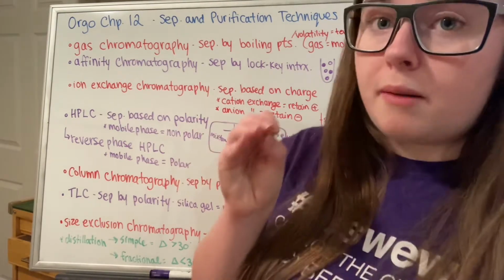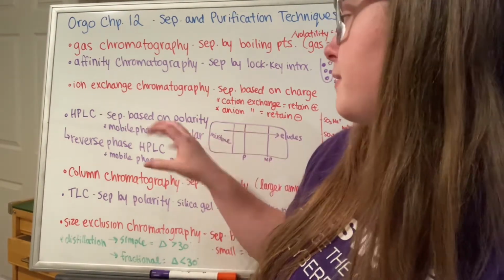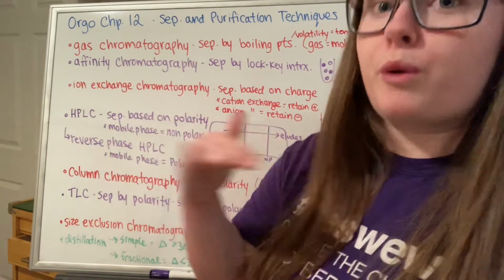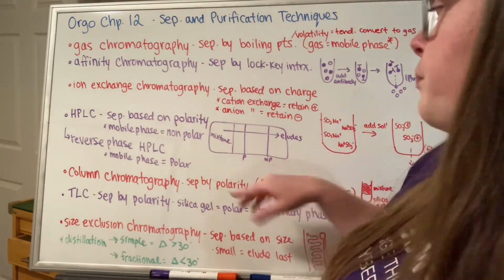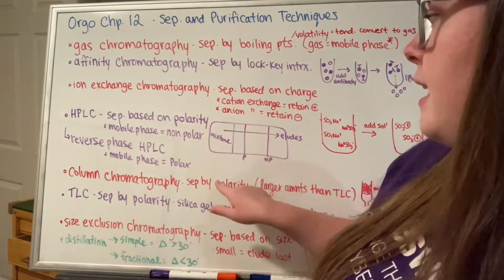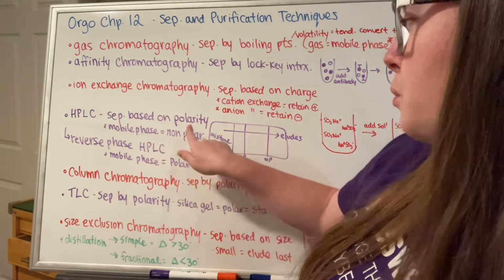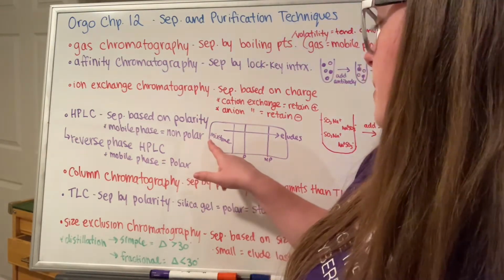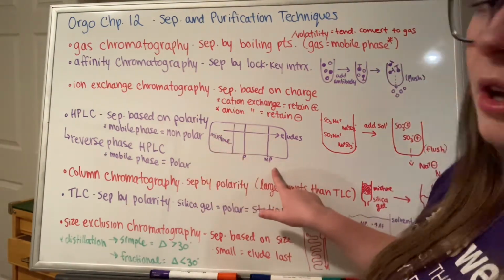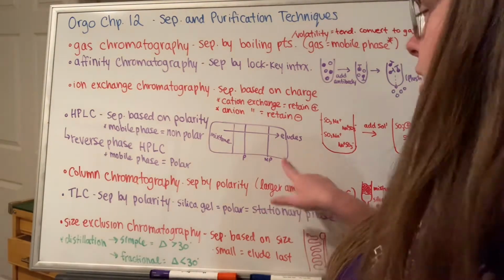That means that the non-polar part of the mixture is the one that's going to be moving or eluting. So we put on a sheet like this. You have your mixture here, and then you put your mobile phase through this tray, which means that the non-polar substance in your mixture will elute first.